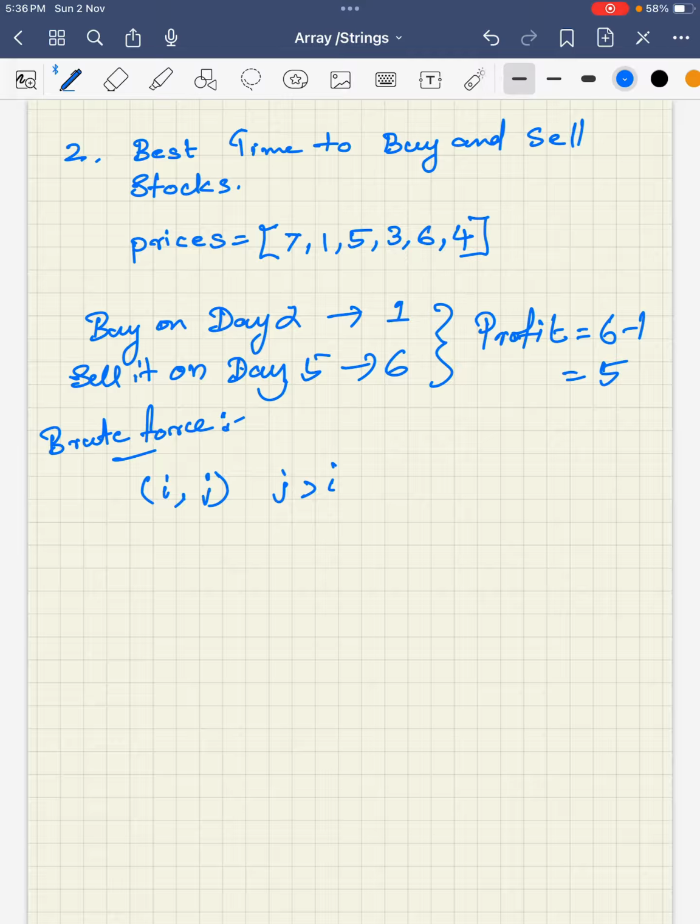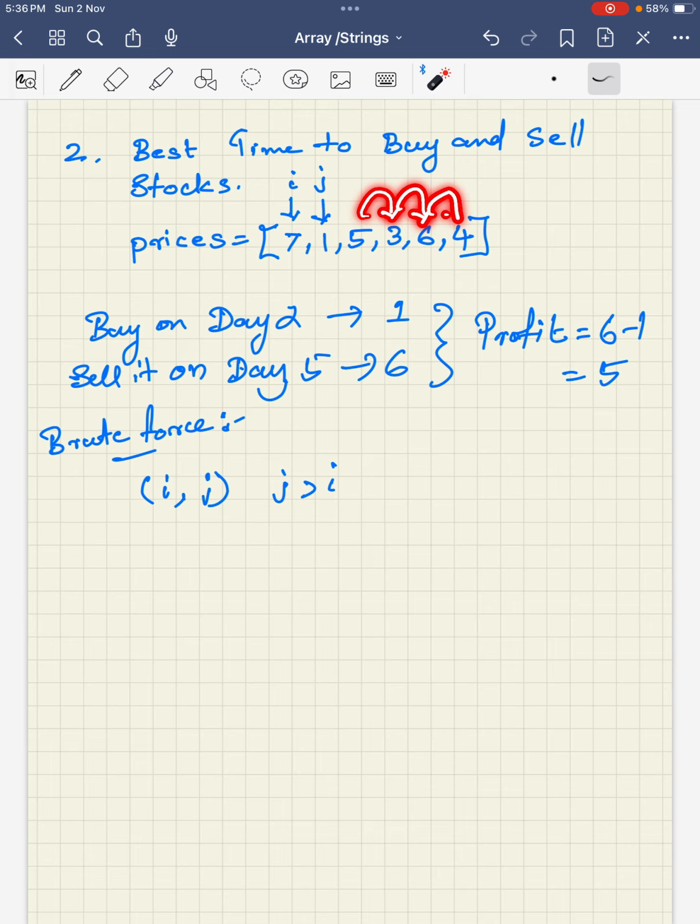For that, we can keep a pointer i here at this point and another pointer j here, then move the j pointer and for this pairing calculate the profit, then move j again, find the profit for these two pointers, and keep moving the pointer.